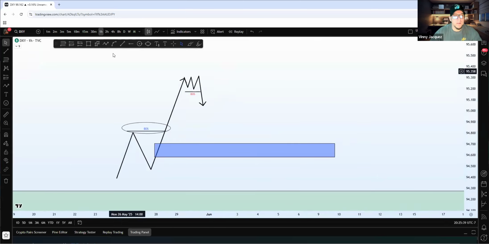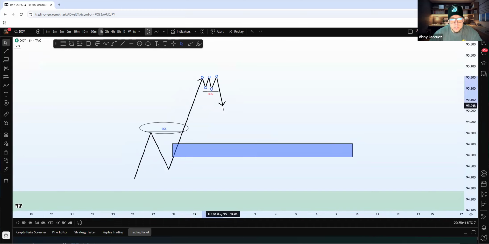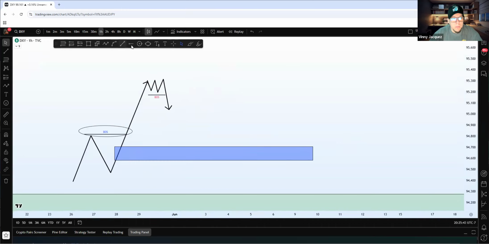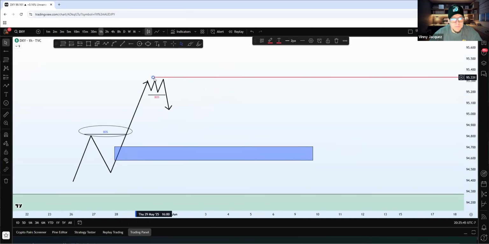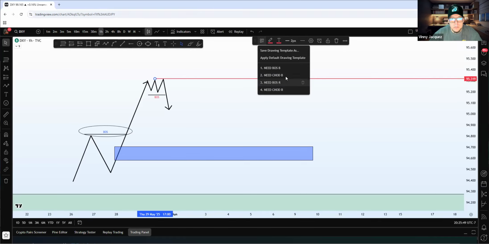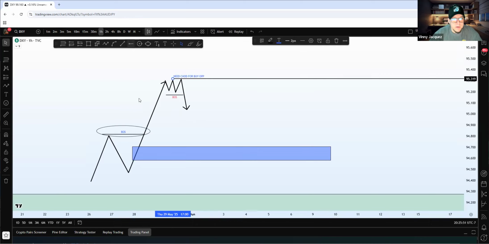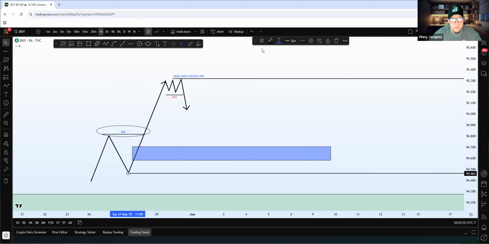Right? So now what I'm waiting for, guys, every time we get a break of structure to the downside, we need to mark up our change of direction, right? You know how we had the change of direction for the sells right here? I need the change of direction for sells. I want to do the same thing for the buys.